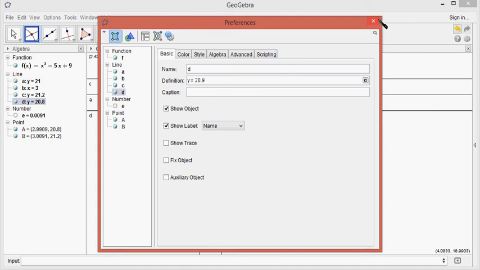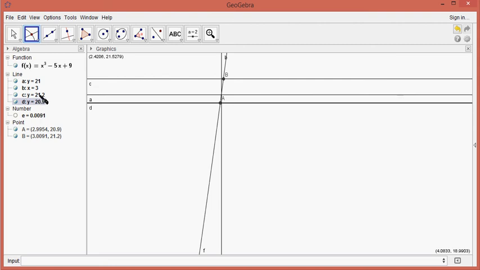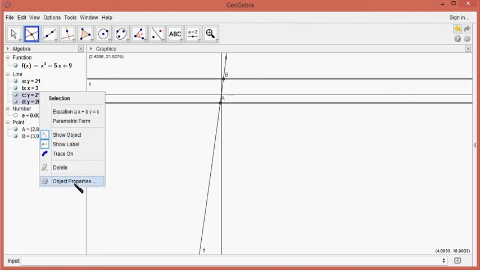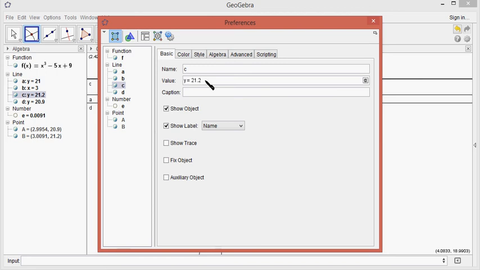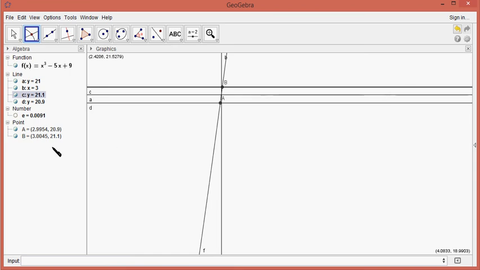Then here I'm going to change that to 21.1. If you change that, the corresponding value actually changes.